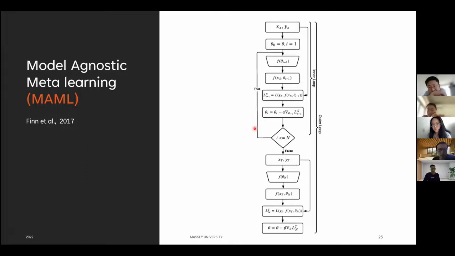After 5 steps, we acquire a meta model having theta n parameters. Theta n means after n steps, we achieve one initialization of parameters. Then we use those learned theta n parameters on our test set, xt.